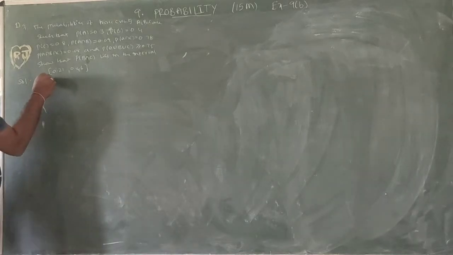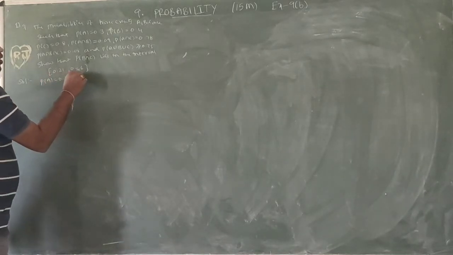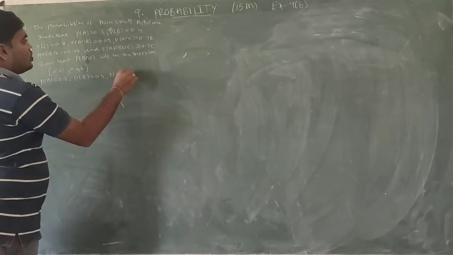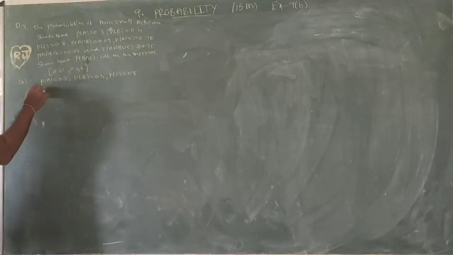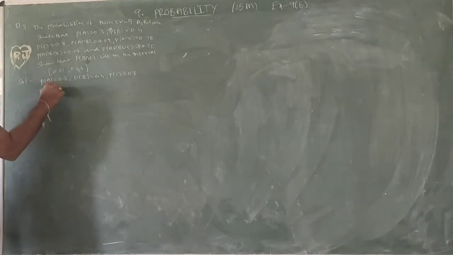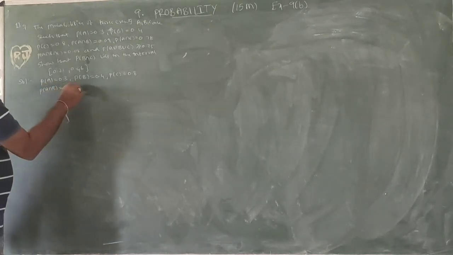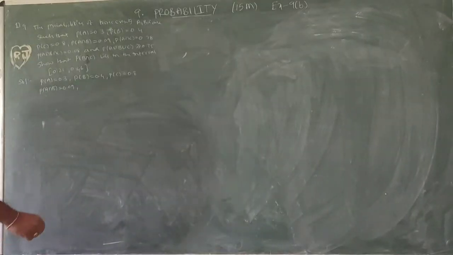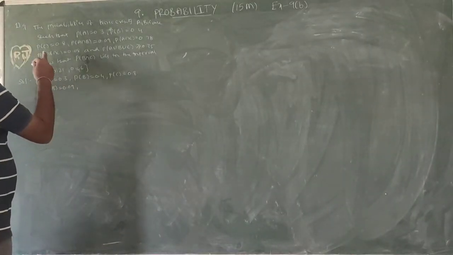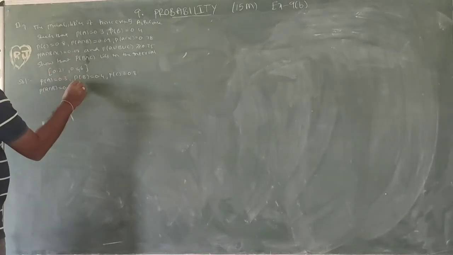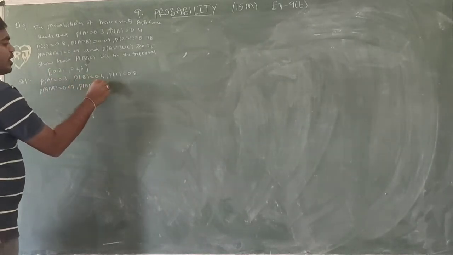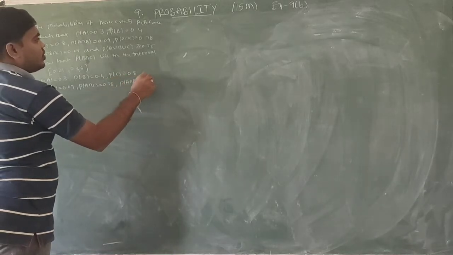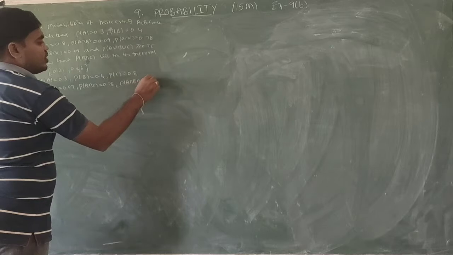P(A) = 0.3, P(B) = 0.4, P(C) = 0.8, P(A∩B) = 0.09, P(A∩C) = 0.28, P(A∩B∩C) = 0.08.